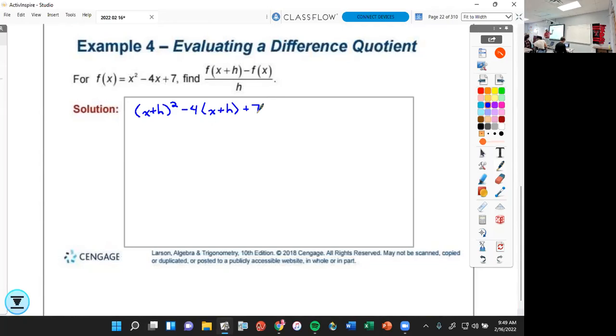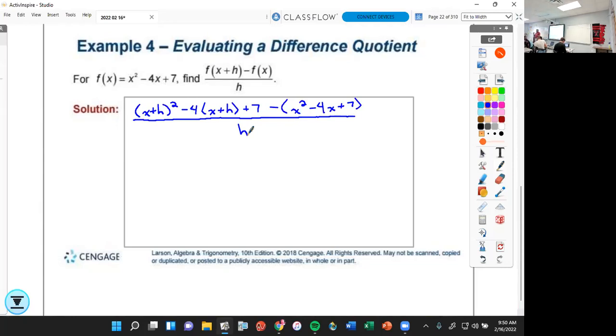Now I have to subtract the function, so I'm going to take all of that minus. Because I'm subtracting something that has multiple pieces, I need to make sure I group it. Folks, these parentheses are so important. If you miss these parentheses, you're going to miss the problem. Okay, I am subtracting parentheses x squared minus 4x plus 7. This is all divided by h.